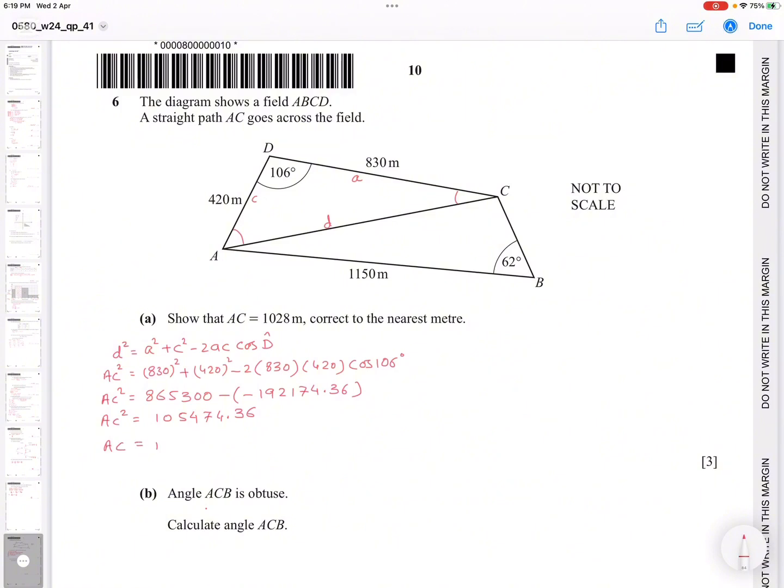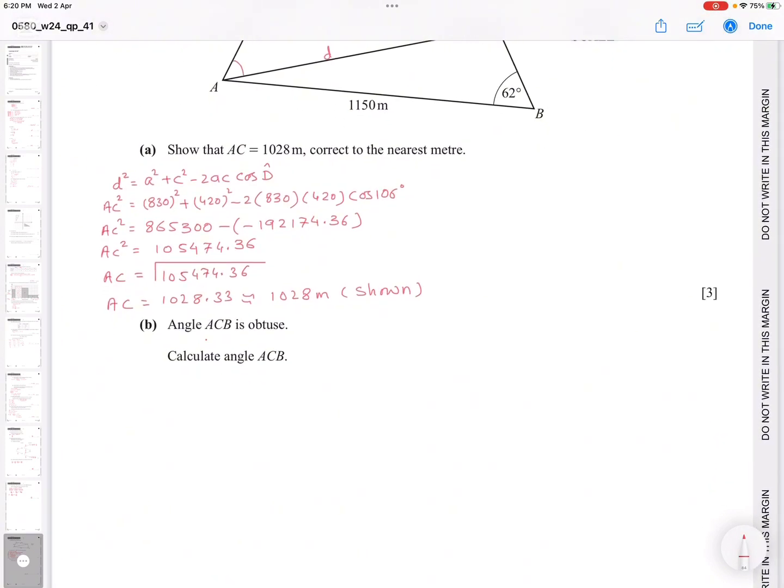So AC is the square root of 105,474.36, and AC is the square root of this value, 1028.33, and it is written as 1028. This is correct to the nearest meter, and you can now write shown.